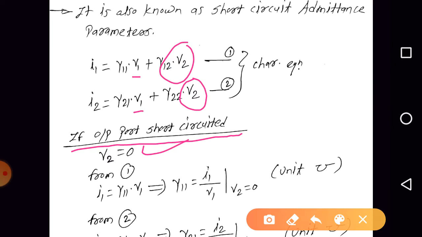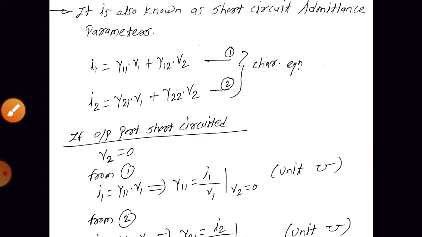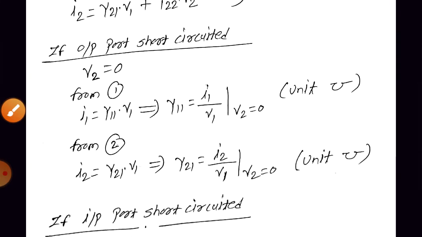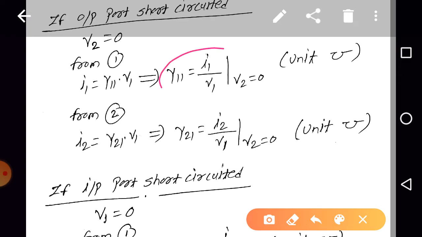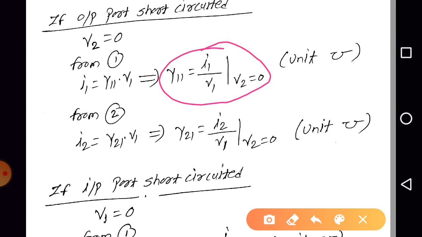So when V2 is equal to 0, from equation 1 we can write I1 is equal to Y11 into V1. So Y11 is equal to I1 by V1, provided that V2 is equal to 0. As the Y parameter is the ratio of current to voltage, it is an admittance, and the unit of admittance is mho, so the unit of Y11 is mho.